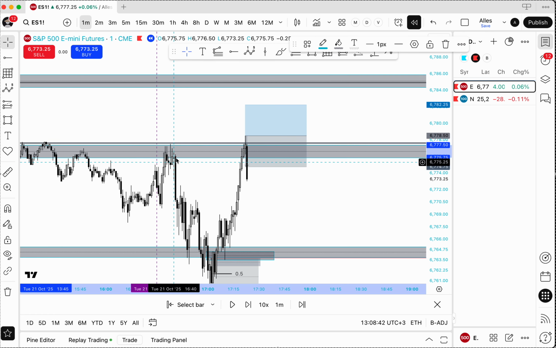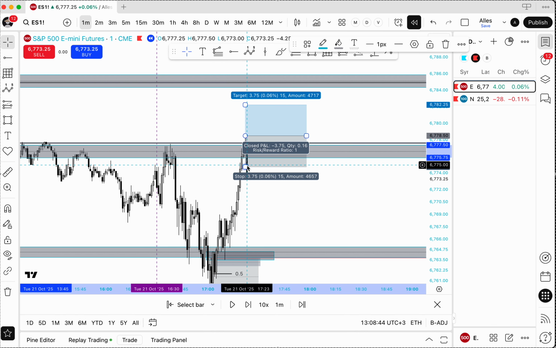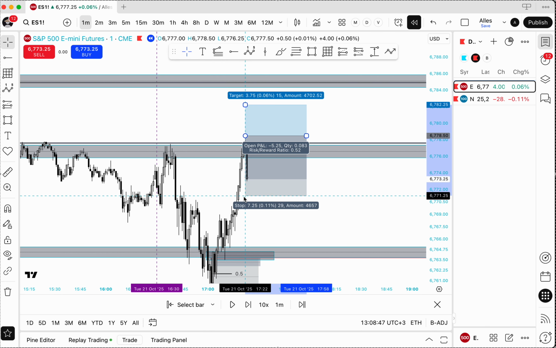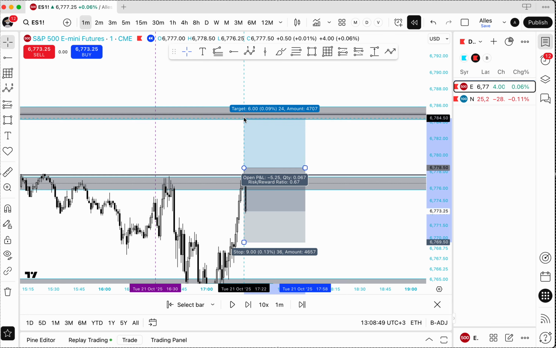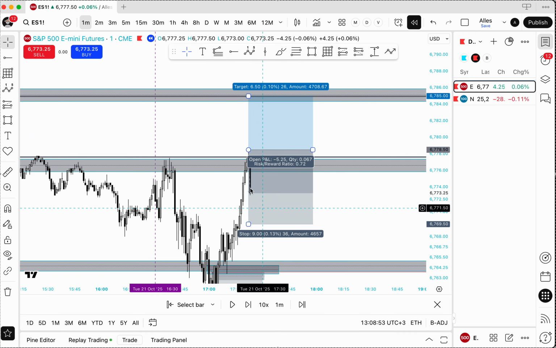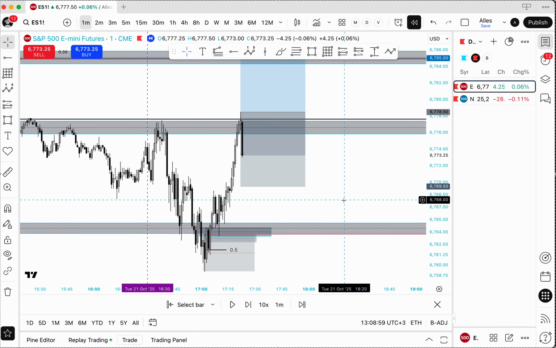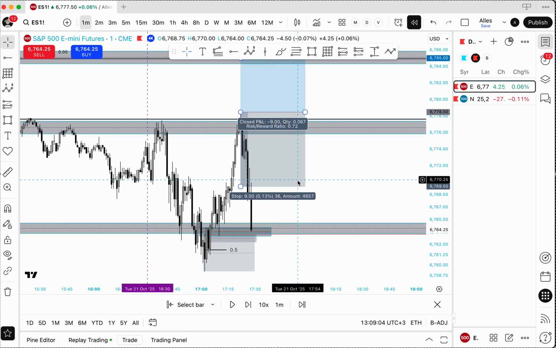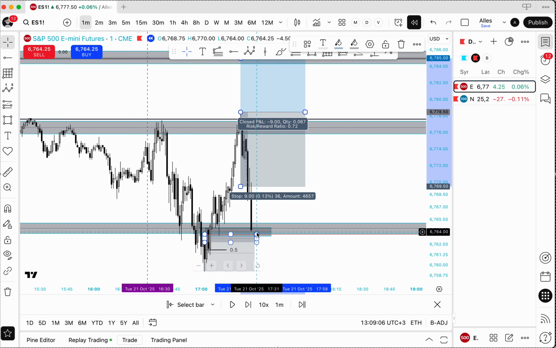This resistance, this here. So they're long. Stop loss, I don't know, somewhere around here. And let's long to the next resistance. Well, here there's a lot of people longing, so what can the market makers do? They can short. So what happens? Oh, the retail traders get stopped out. The market makers profit from the short.